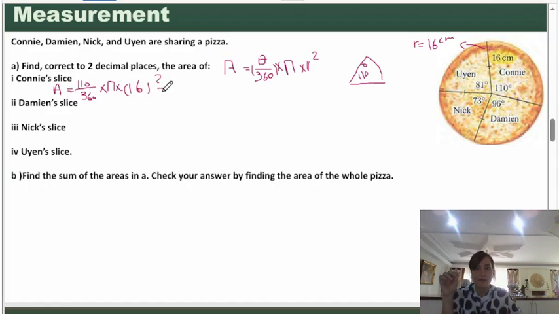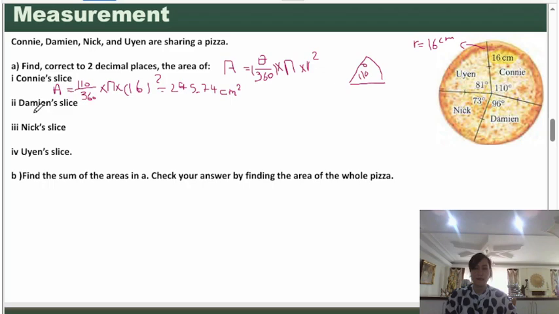If I calculate this with a calculator, I will get 245.74 centimeters squared.